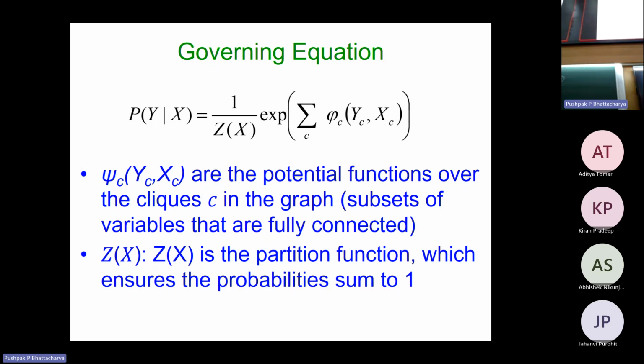B depends on A. Let's say A also depends on B, and so on. So these arcs represent a pair of nodes which have dependency between them. What is this dependency? We'll not worry about it now. Let's keep this abstract. So probability of A, B, C.